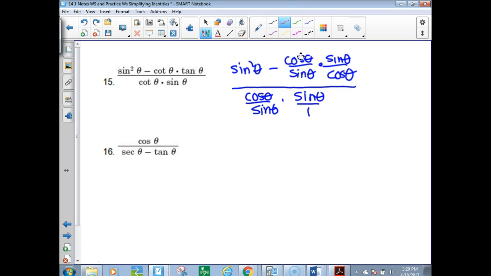If I multiply the cotangent and the tangent, and they're reciprocals of one another, what should I actually get right here? Yeah, 1. So I've got sine squared theta minus 1 on top. And then what happens here? The sines cancel, right? And all I have left is cosine.